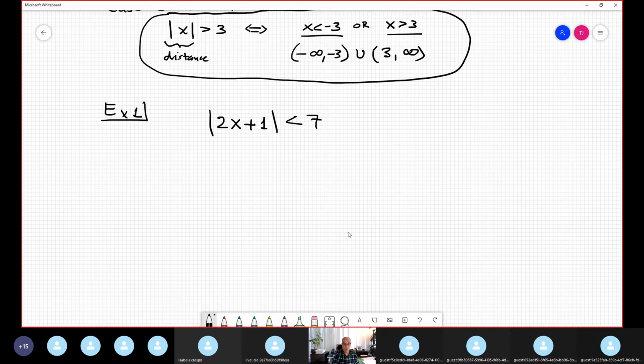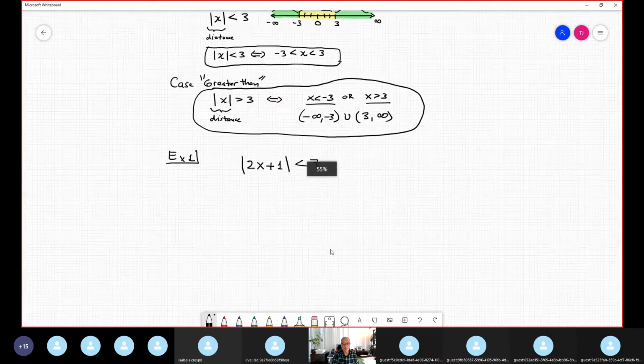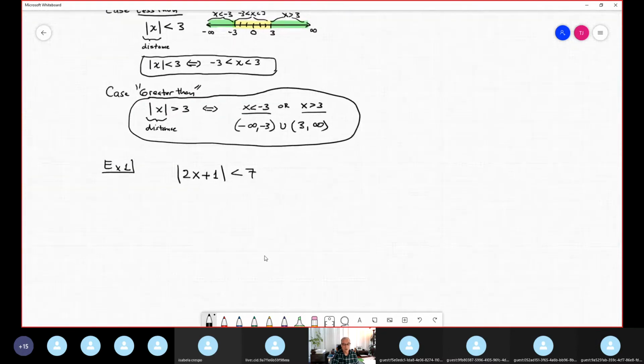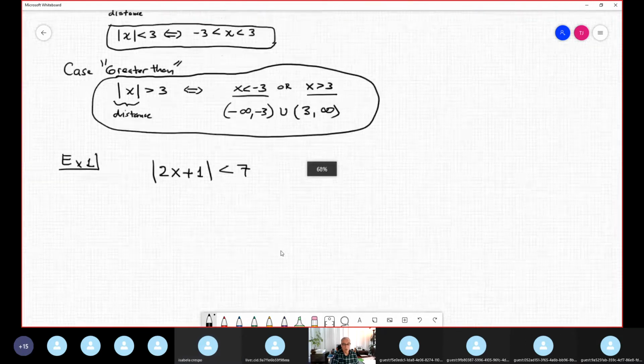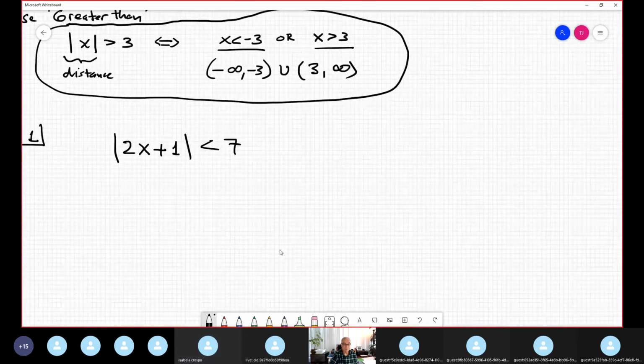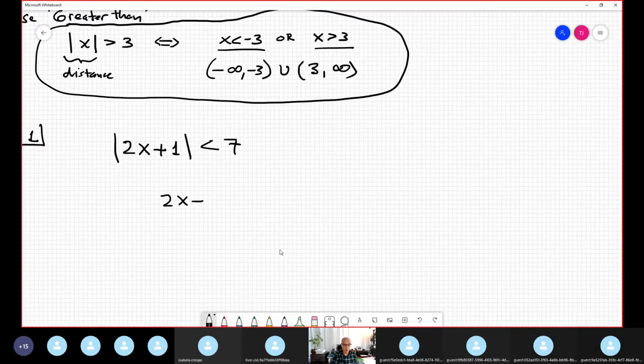So immediately you identify, wow, it's the less than case. So is it one piece or two pieces? Is it the yellow or the green? Yellow. Therefore, I know this is equivalent to writing 2x plus 1 between 7 and negative 7. End of story.